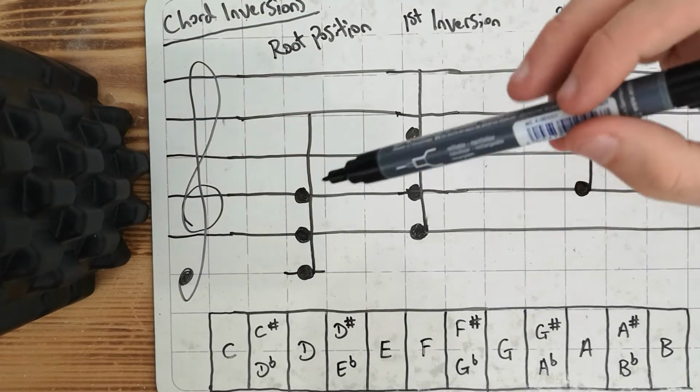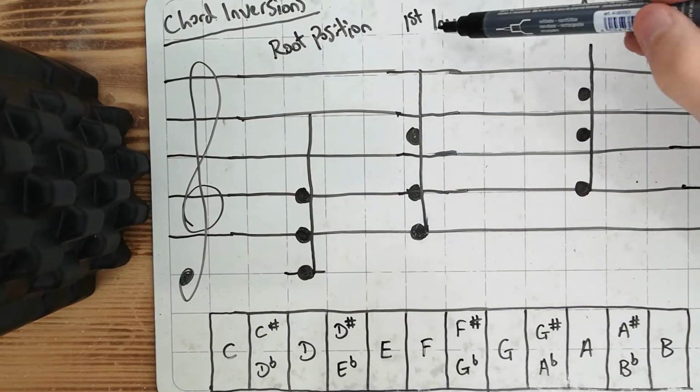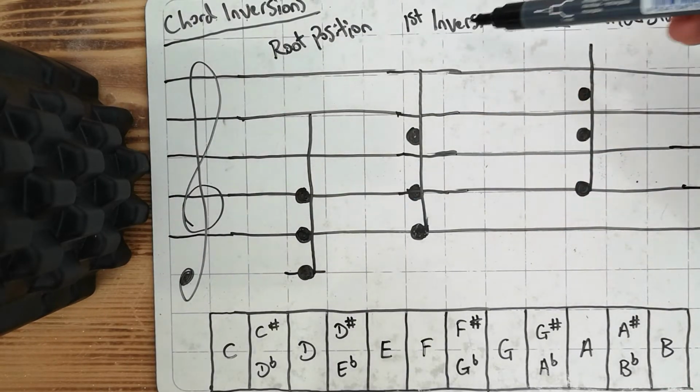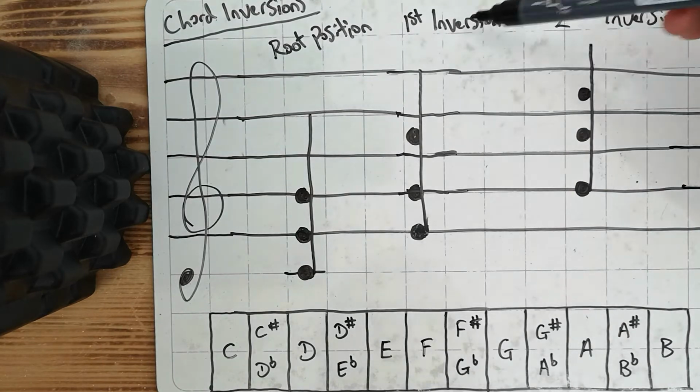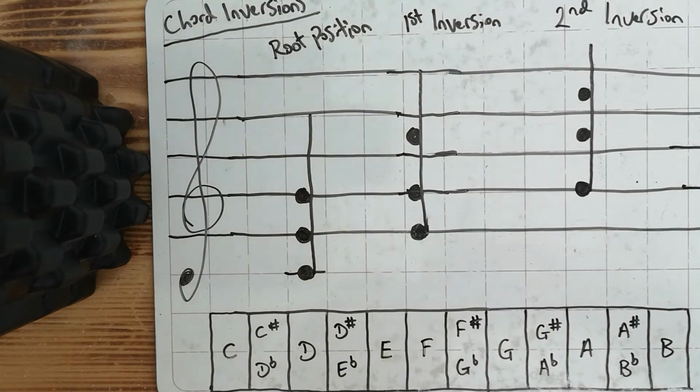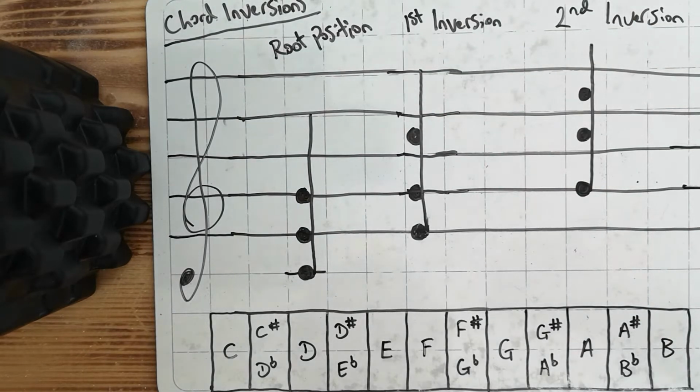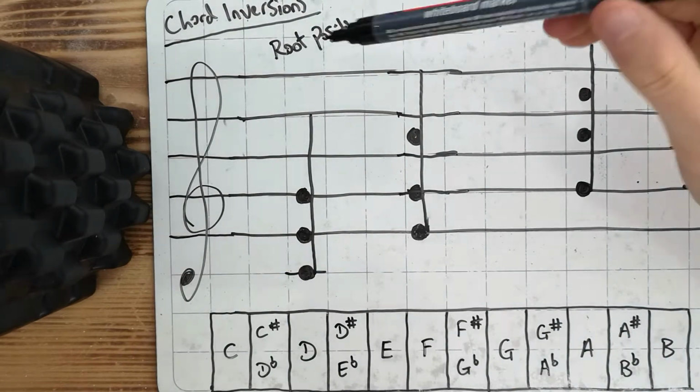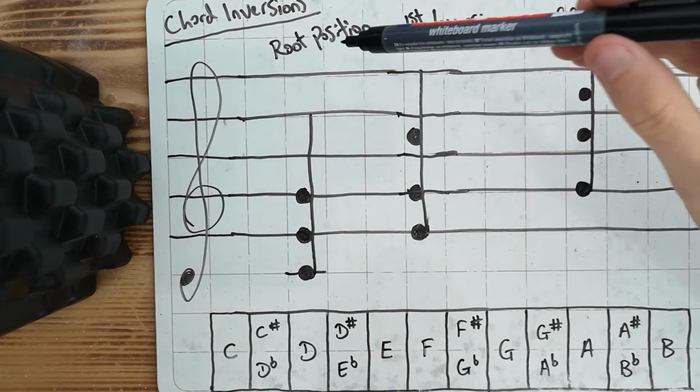Whenever you've got a chord with three notes, there are three different types it can be. It can either be in root position, first inversion, or second inversion. They're still the same chord, but it's slightly different, as you can see, and it gives it a different sound depending on what note is in the bass. Root position sounds the most stable.